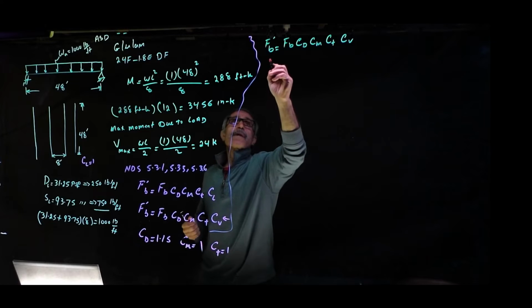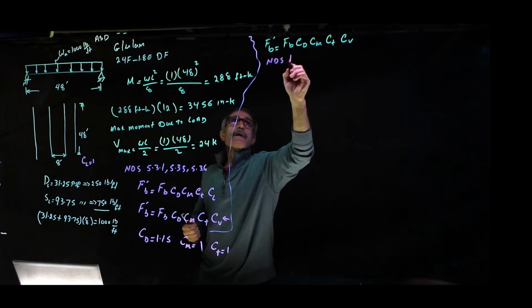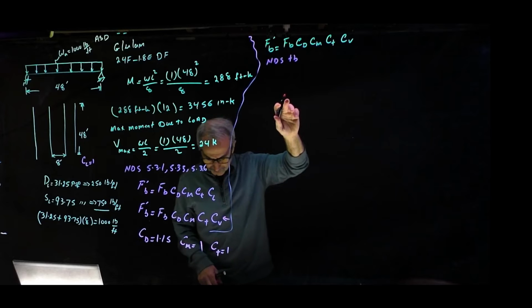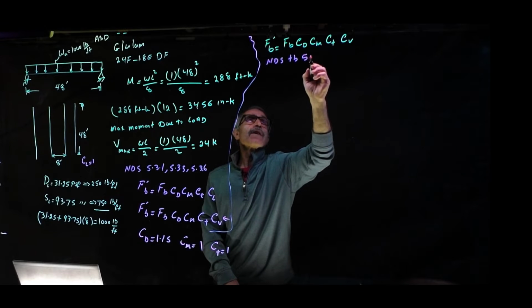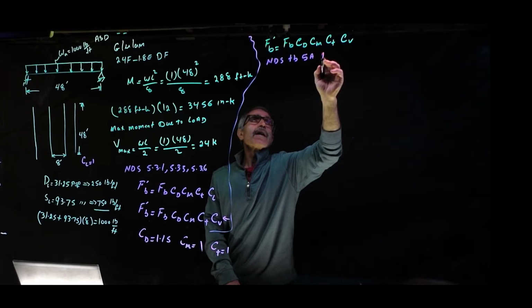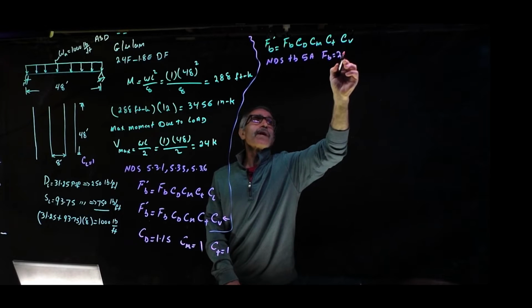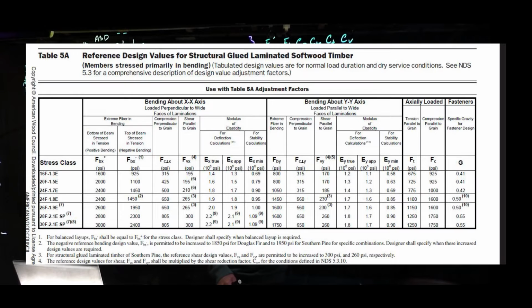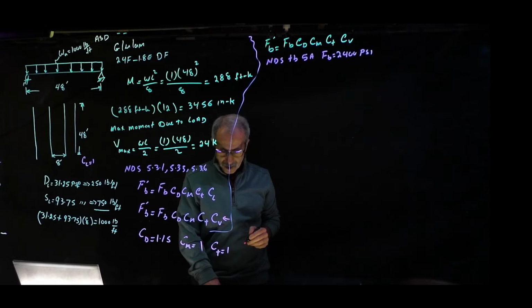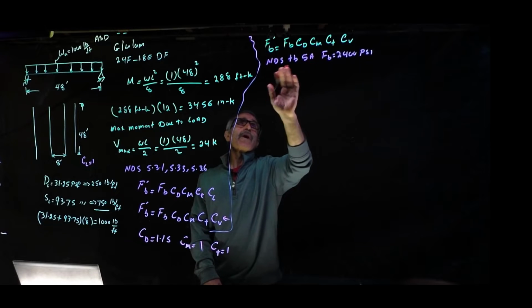So from NDS table 5A, Fb is 2400 psi. And then we're going to go ahead and write the whole thing back in here.